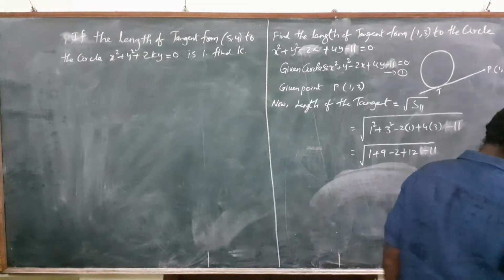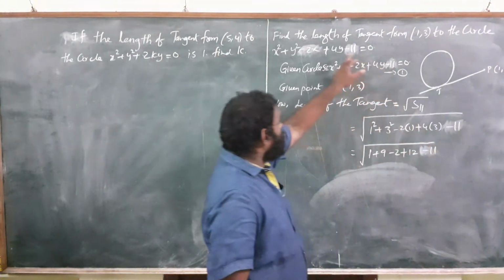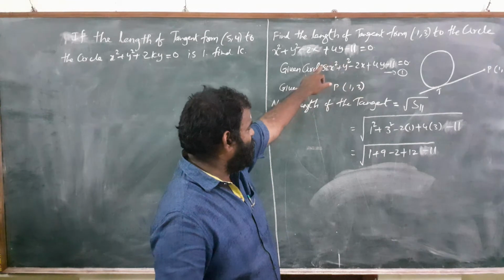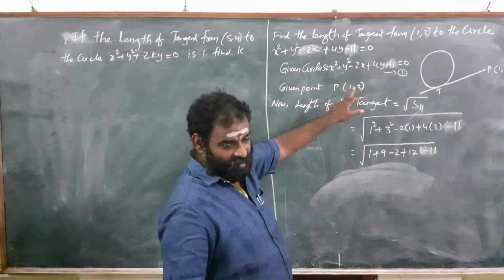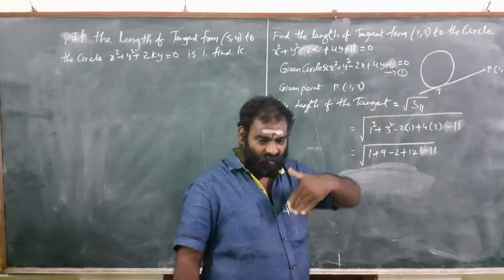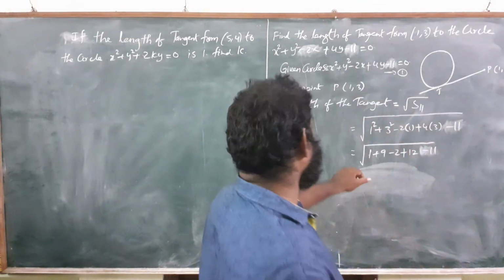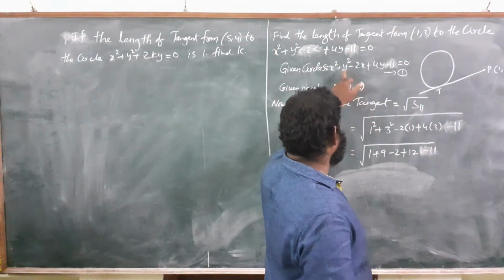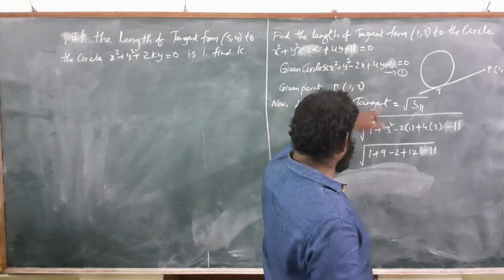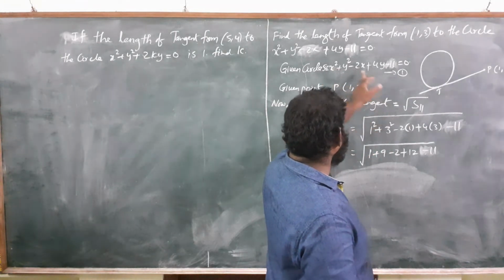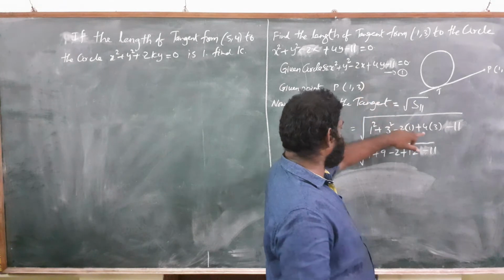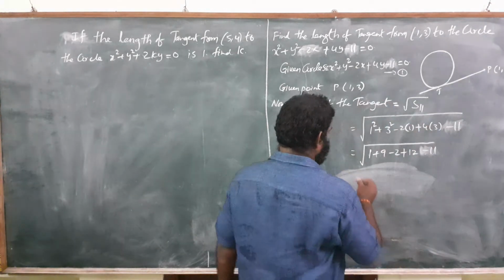So you have to see, this is the point and this is the circle. What is the length of the tangent? Here we are going to find the length of the tangent. The formula is root S11. So you substitute this point here. This is 1 square plus 3 square minus 2 into 1 plus 4 into 3 minus 11.